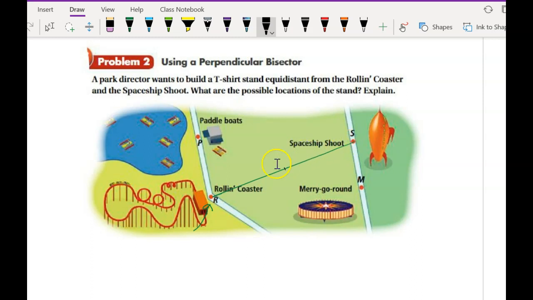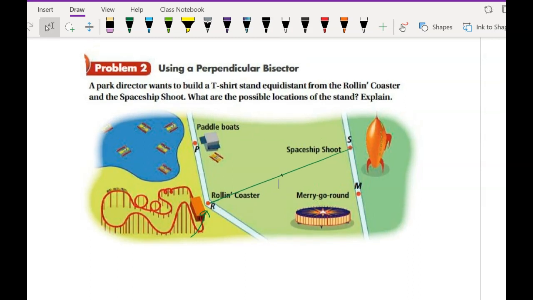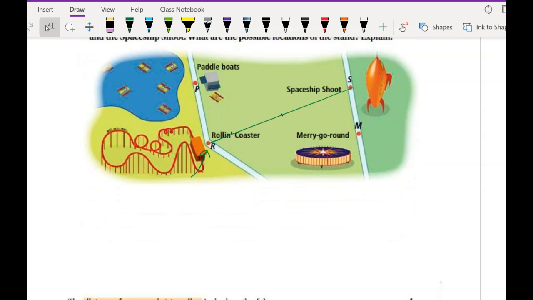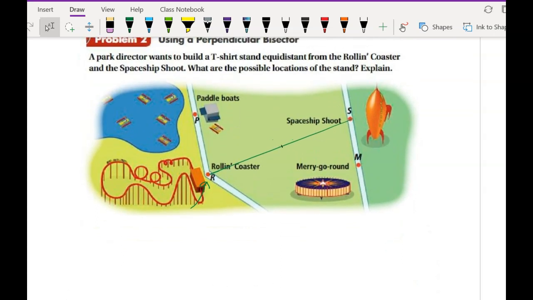And I have found the center of the line. I've marked it right here, the little black dot. So my next thing is to draw a perpendicular bisector. So I'm going to get my straight edge, and I'm going to sketch that in.